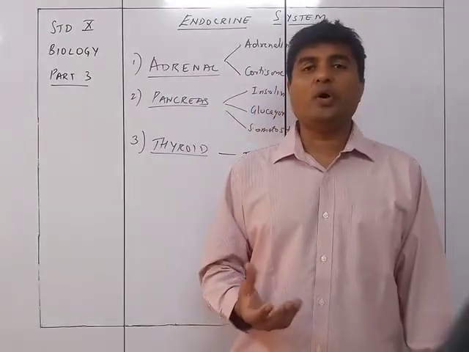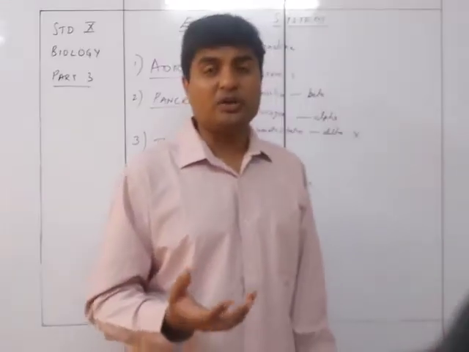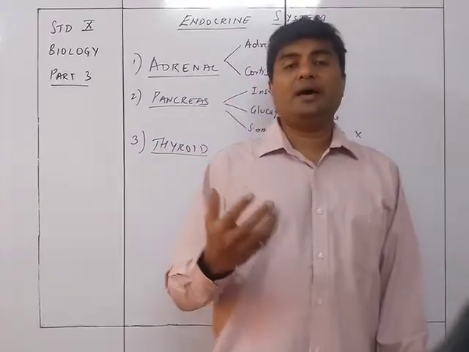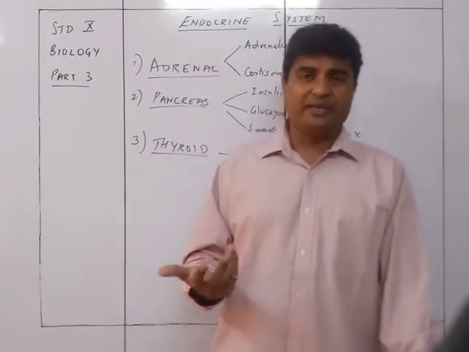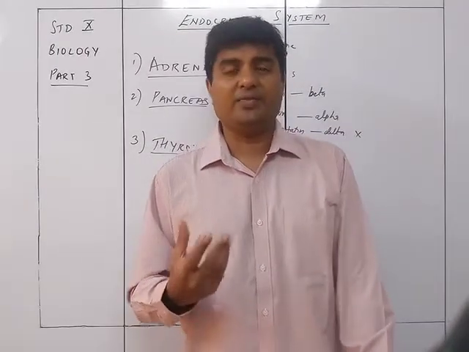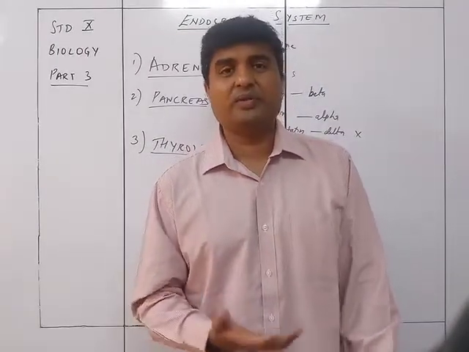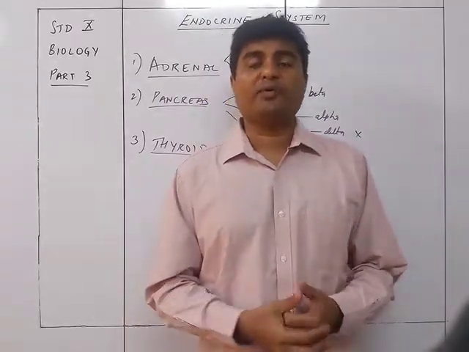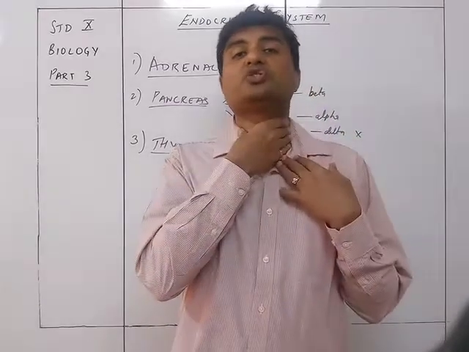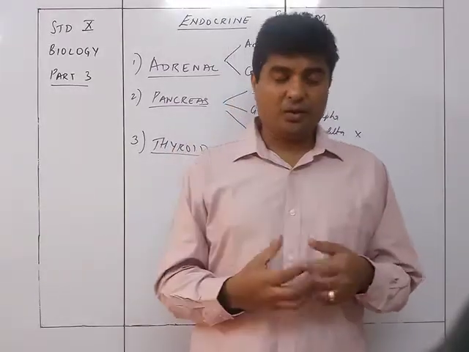The people in the hilly region normally have this problem, because the soil or the water does not contain that much iodine. That's why they have a deficiency of thyroxine in their body, and accordingly they suffer from simple goiter, which is the swelling of the neck part of the body.